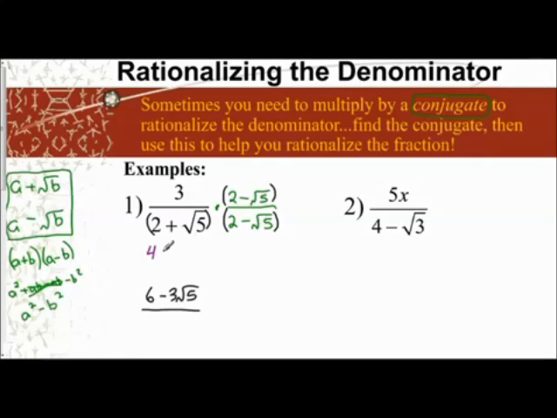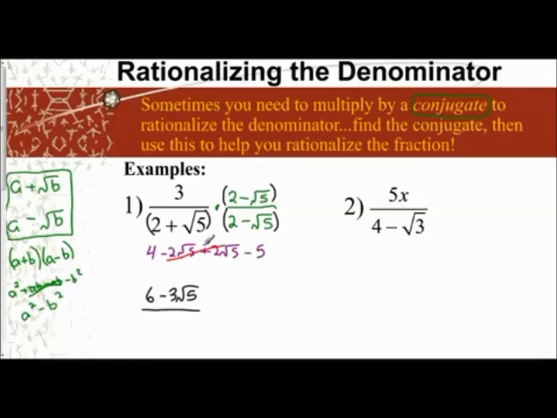So I would do 2 times 2 as 4. 2 times negative radical 5 as negative 2 radical 5. 2 times positive radical 5 is positive 2 radical 5. Now radical 5 times negative radical 5 is negative. Well, the square root of 5 times square root of 5, the square roots are going to cancel. So I'm just left with negative 5. And what happens is the negative 2 radical 5 and positive 2 radical 5 cancel.